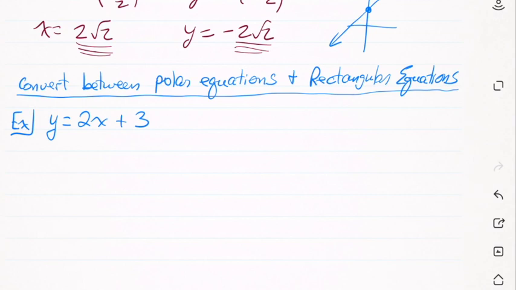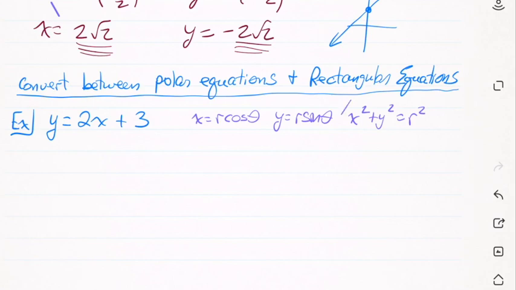So what if I wanted to look at it as a polar equation rather than a linear equation? A couple of the formulas that come in handy are x equals r cosine theta, y equals r sine theta, and x squared plus y squared is equal to r squared.